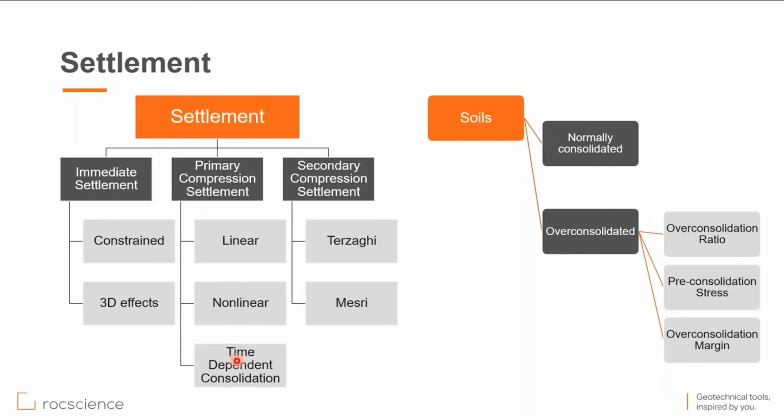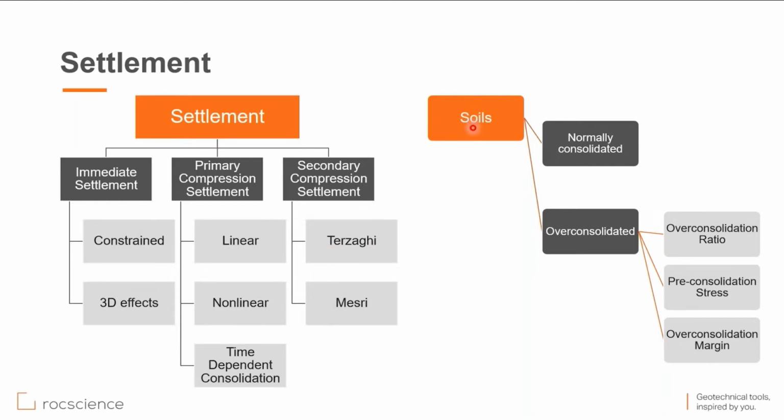And we can extend that to time-dependent consolidation calculations based on the usual Terzaghi's theory. The secondary compression settlement, the third part, which is sometimes called creep, is based on the two standard methods of Terzaghi and Mesri.